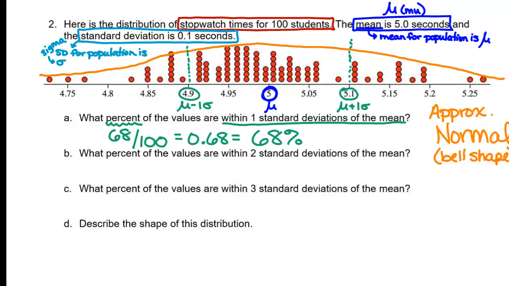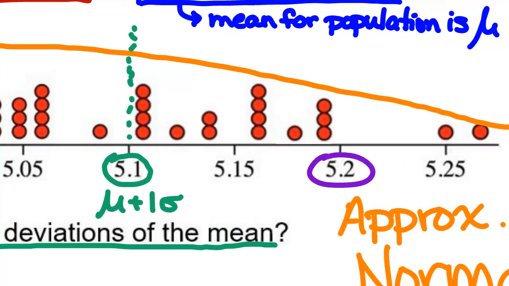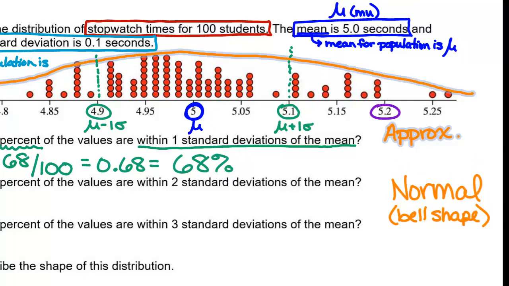What percent of the values are within 2 standard deviations of the mean? Here's my mean at 5. Where would I go if I was doing 2 standard deviations above the mean? 5.2. So here's my mean. Hold on, let me move this down just a little bit.